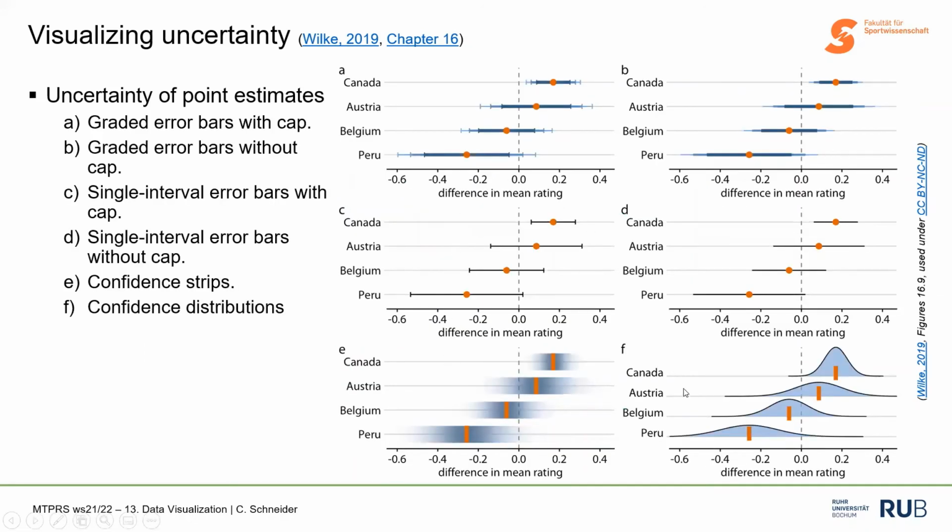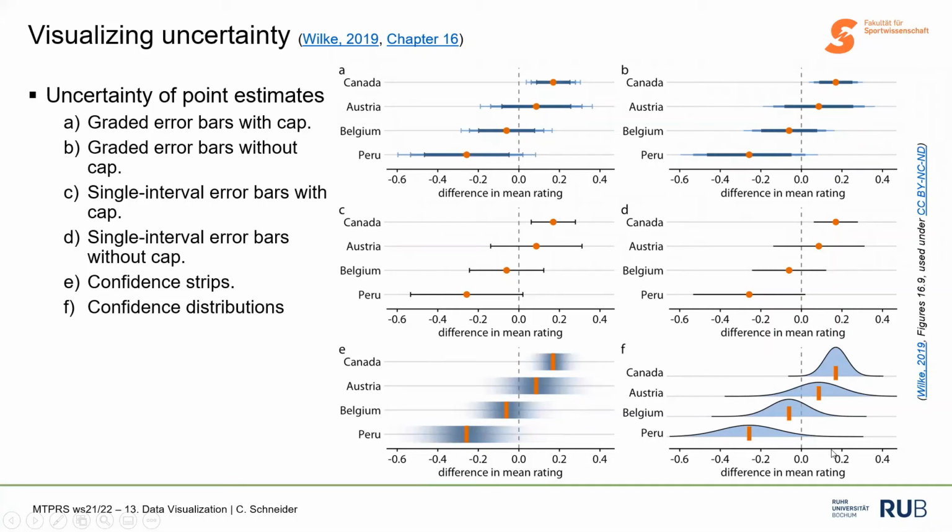As alternative ways, in the second row, just looking at error bars is probably most common in sports science and sports research, but more and more present is also displaying different levels of confidence at the same time, either with caps or without caps. We can also visualize the distributions in a more differentiated way, not with clear cutoff values, by using confidence stripes or confidence distributions.